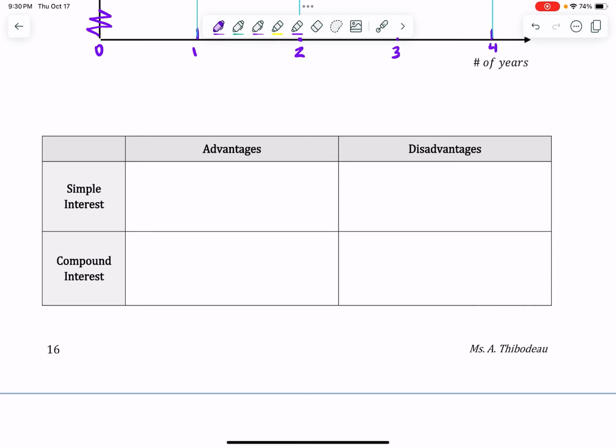But that one good thing about simple interest is it is good to have simple interest for loans, but only for loans you will not be paying off right away.